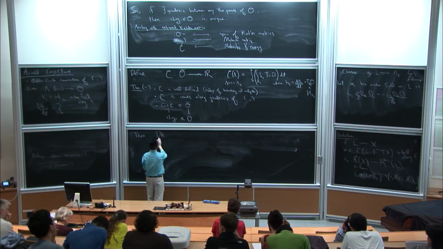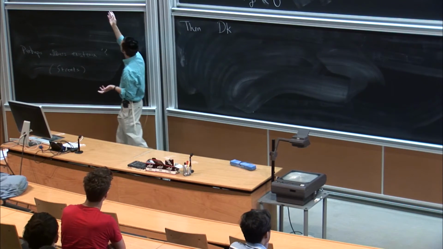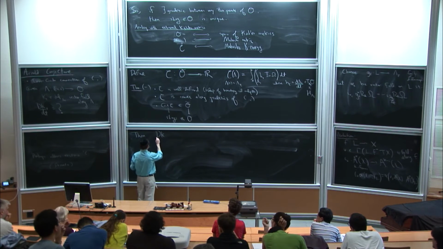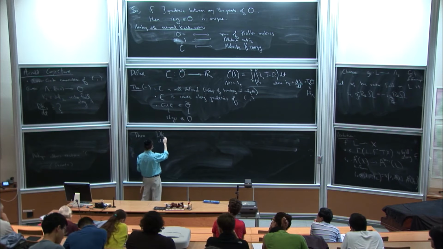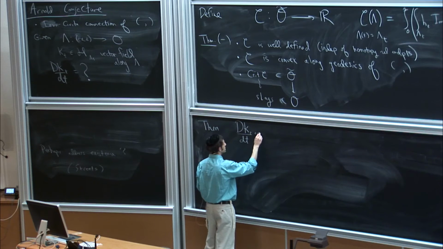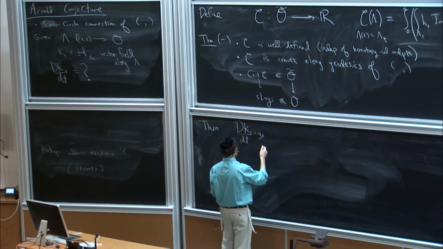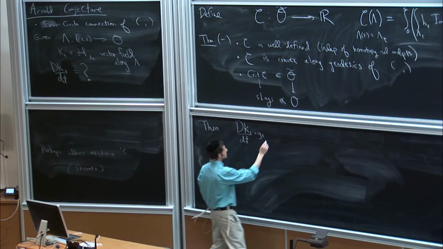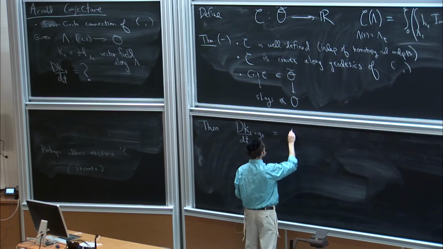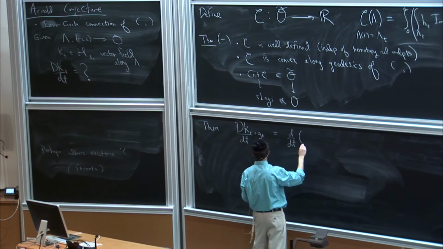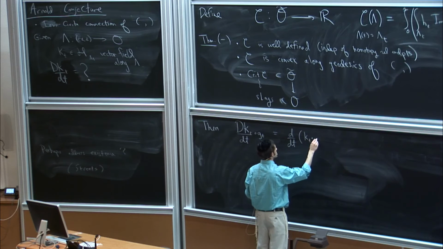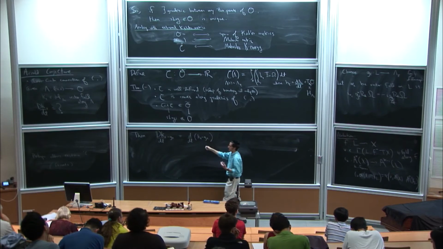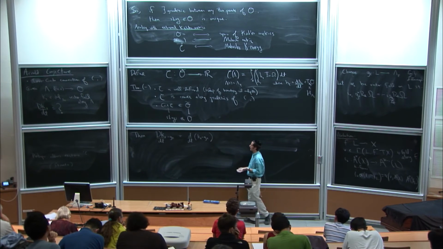So it's going to be some function on lambda_t, but that's inconvenient to talk about, so I'm going to say what its composition with g_t is. That's close enough because g_t is a diffeomorphism. So this has got to be equal to just the derivative with respect to t of k_t composed with g_t.